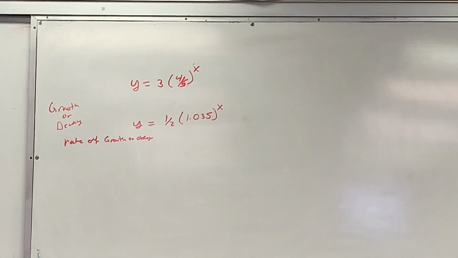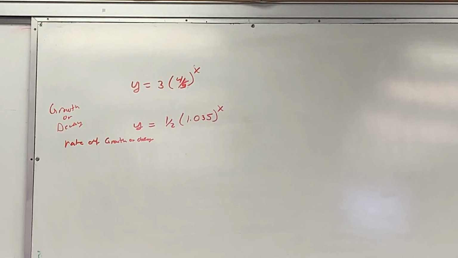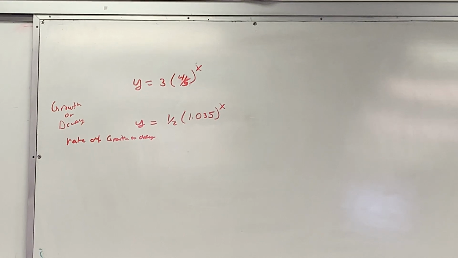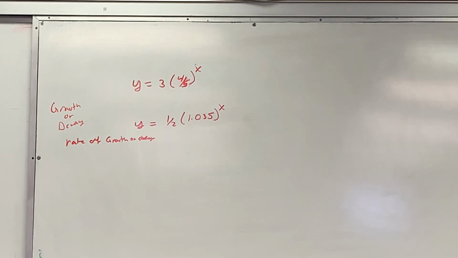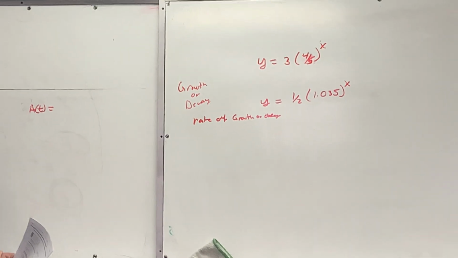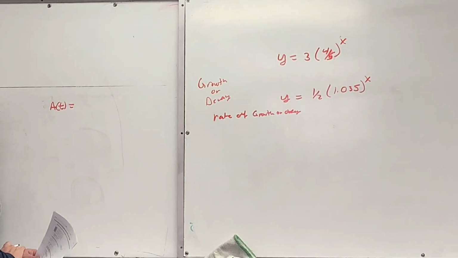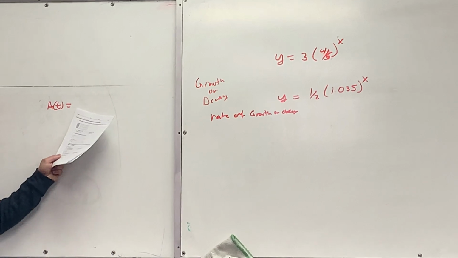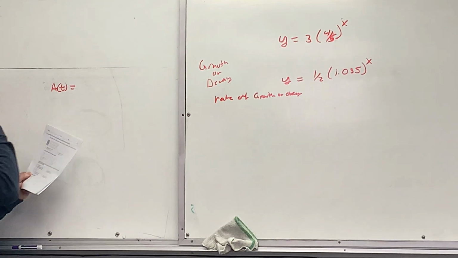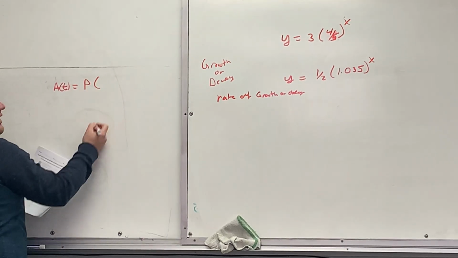And we use this equation a ton for growth and decay. What is it? A sub t equals what? We've done it a million times already. You guys tell me what should go next. What goes right here? It's the starting amount. What do we use for a variable? P. Good. P, and then what?